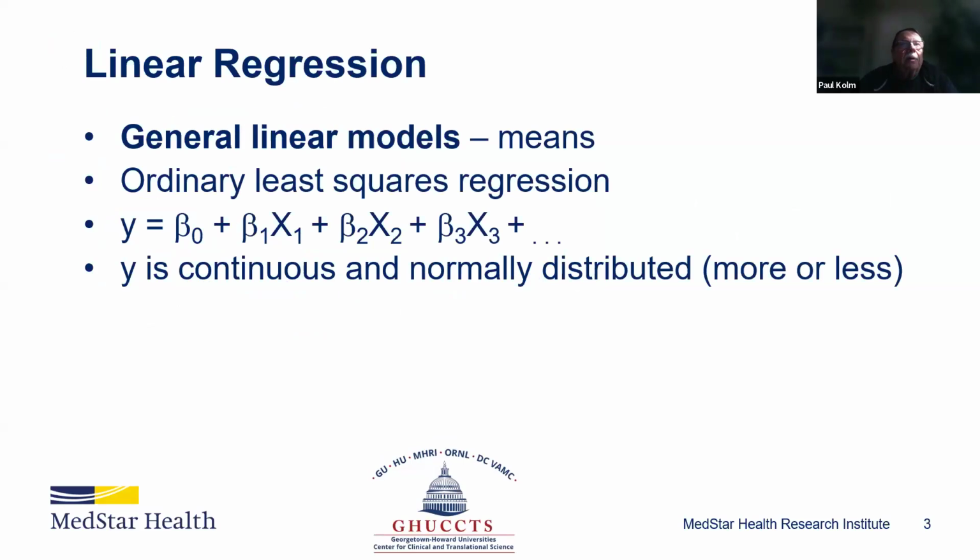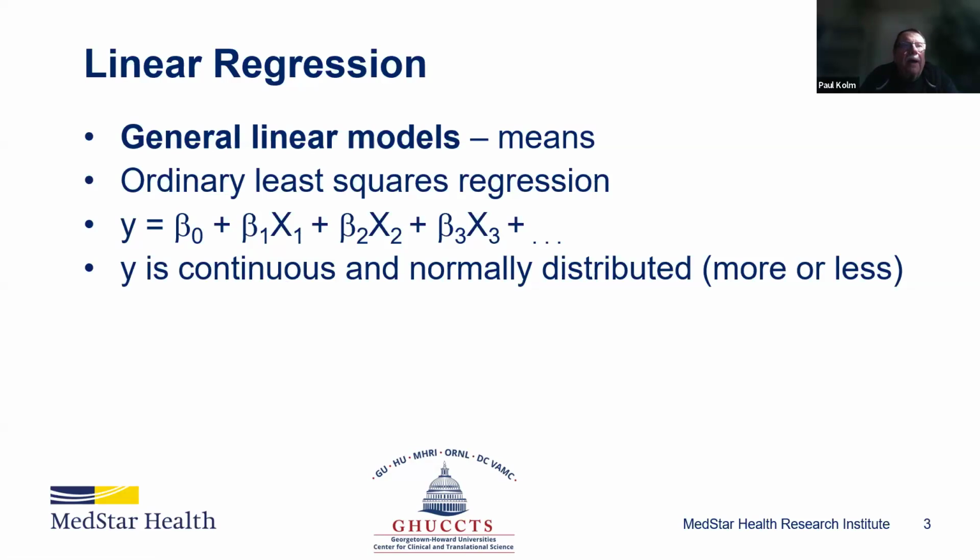So linear regression, as I'm sure everyone probably knows, is the formula that we have here, where we have a continuous and normally distributed, although it doesn't have to be exactly normally distributed, dependent variable.